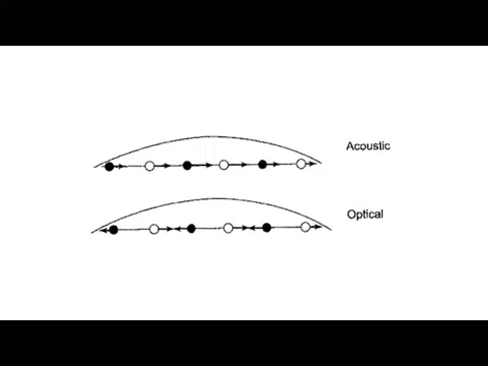In the image you see the two different kinds of atoms, denoted by the dark filled circle and the open circle. If they all move in the same direction, that is the acoustic branch, and in the optical branch both of them move like a center of mass system, in two different directions.